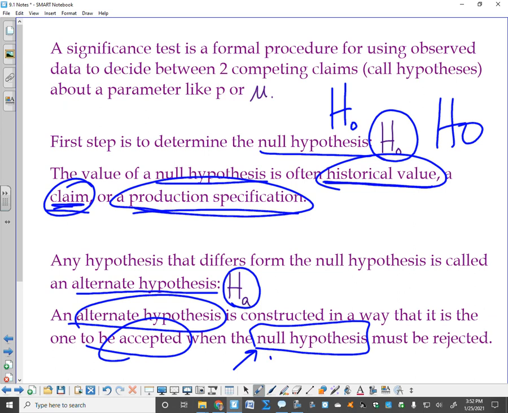If we accept this one, then we're not interested in the alternate. But if we reject this one, then we will accept our alternate. I'm getting less than 25 miles per gallon on my car. I can download more than 5,000 songs on my iPad.